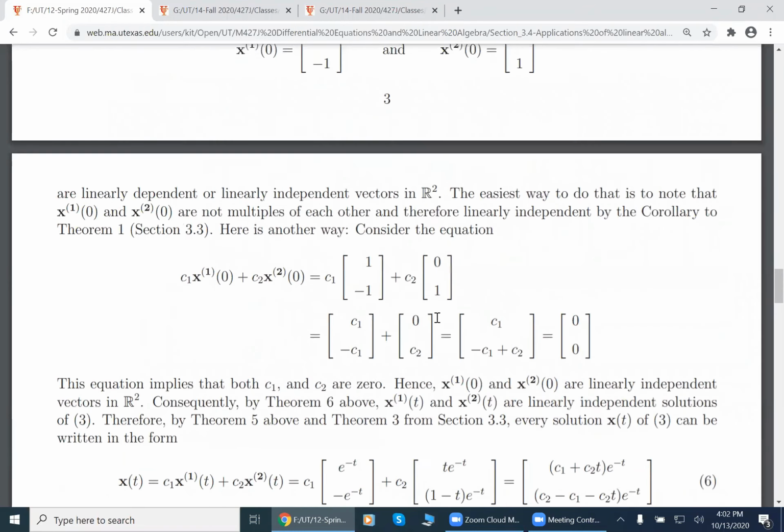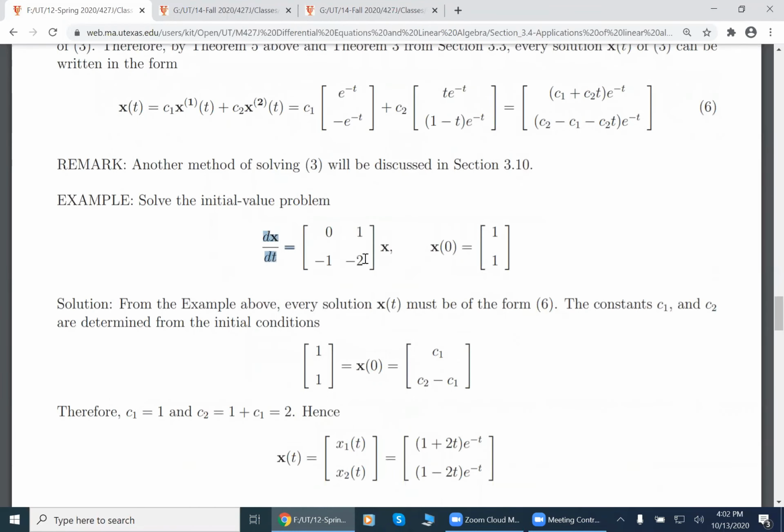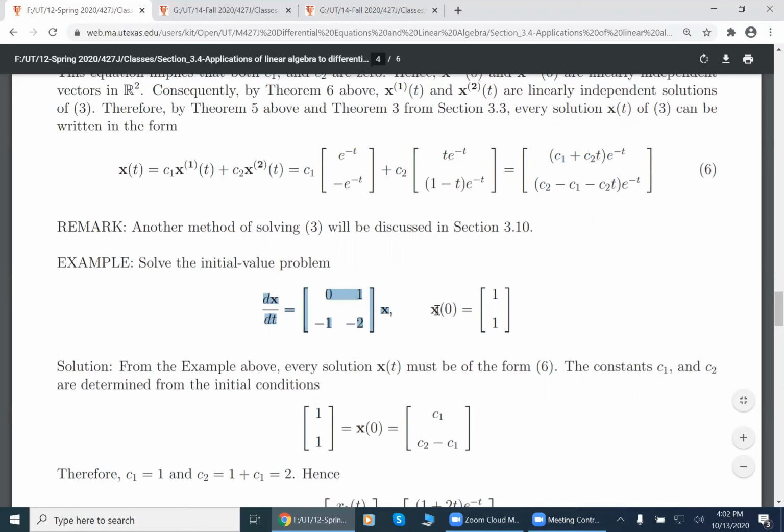But now, in addition to the system, we have an initial value. So the whole thing is a so-called initial value problem: system and initial condition. We will use this initial condition to determine values of C1 and C2 such that this satisfies not only this system, but also the initial condition.